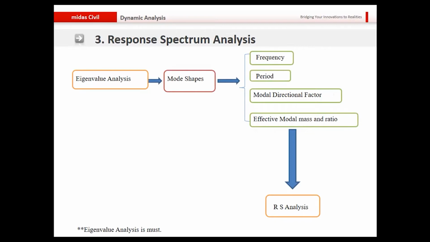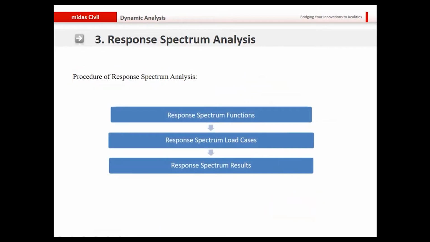The procedure of response spectrum analysis in the program is, you first have to have the eigenvalue analysis defined in the program, and then you have the mode shapes. With the mode shapes, you obtain the frequency, periods and the modal directional factors, and then from there you have to perform the response spectrum analysis.